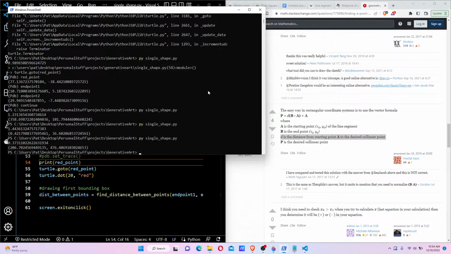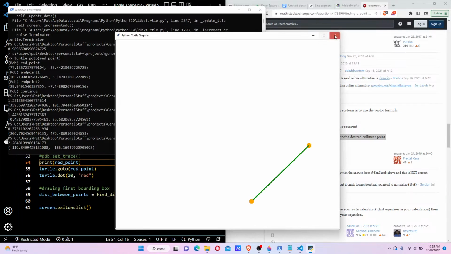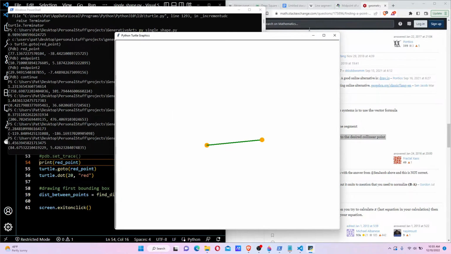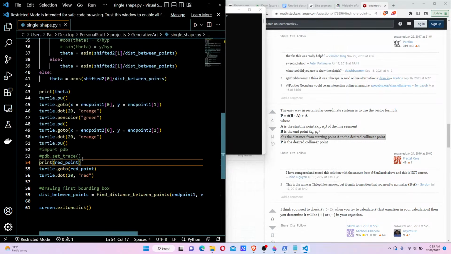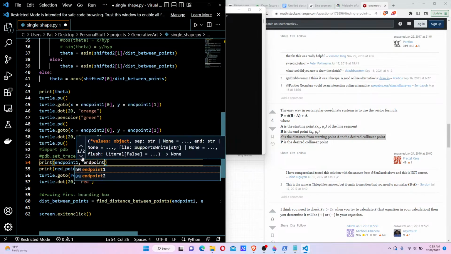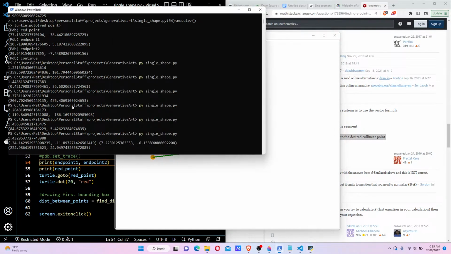There it's not. There it's not. There it's not. Print endpoint 1 and point 2. Okay. Yeah, that's not right.